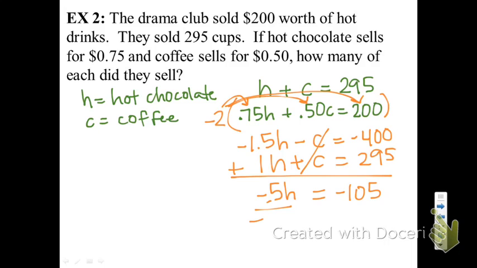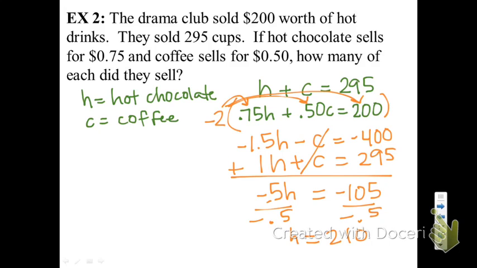Then to solve this, we divide by negative 0.5, and H equals 210. So that means they sold 210 cups of hot chocolate.